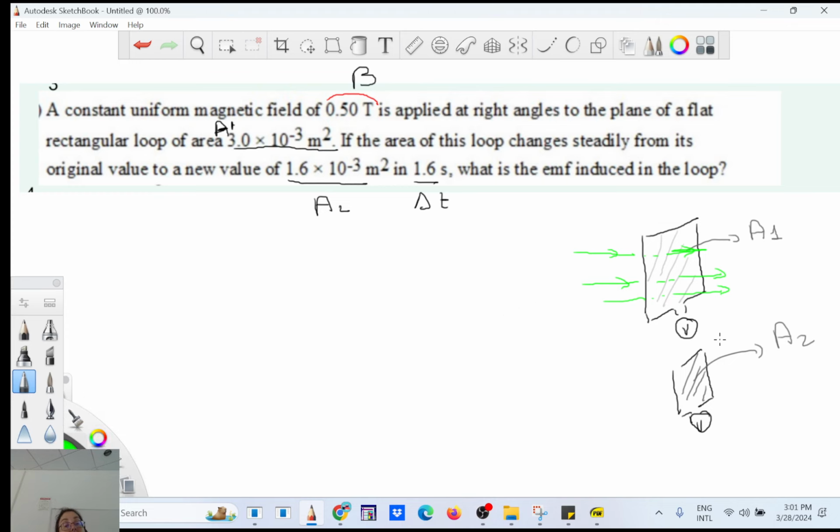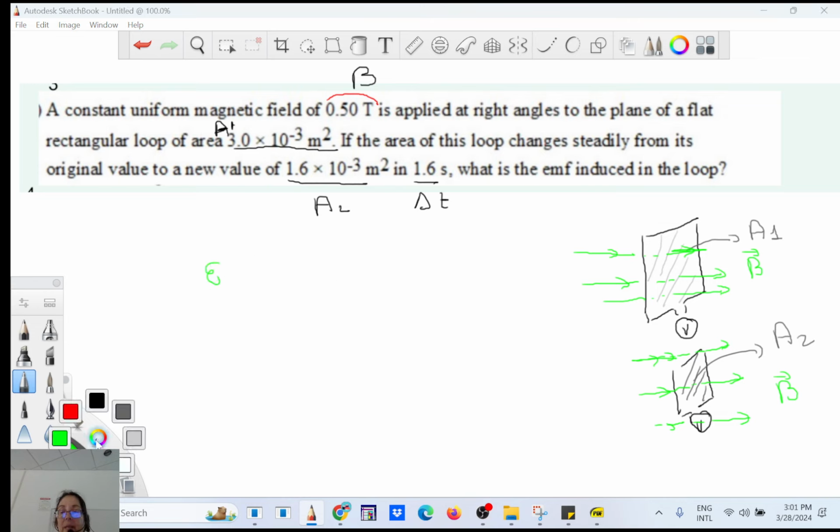So the area is smaller, but the number of field lines is the same, except it's missing, right? It doesn't poke through. So maybe you're going to catch only a few of them. So you have less lines poking through. But it's the same magnetic field. So it's like you have a net to catch shrimps, and you decrease the size of your net. So of course you're going to catch less of whatever you are catching.